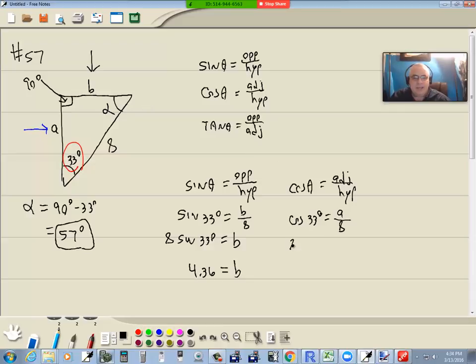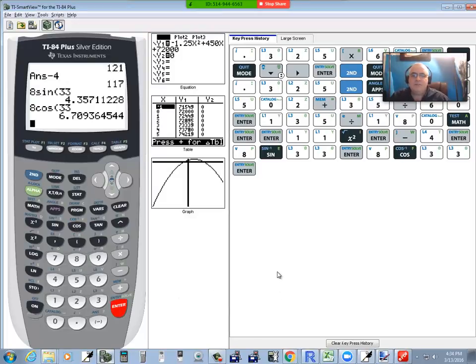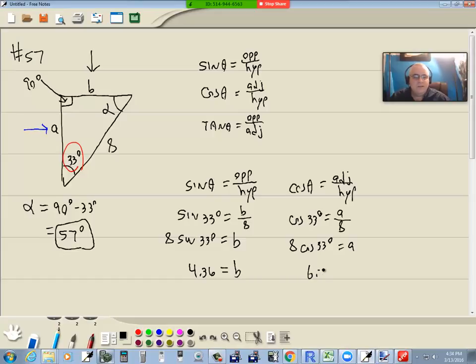Multiply both sides by 8. We got 8 cosine 33 degrees is equal to A. So 8 cosine of 33 degrees, 6.71. And those will give us our two sides there.